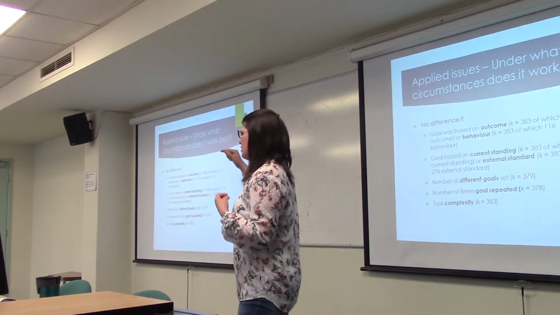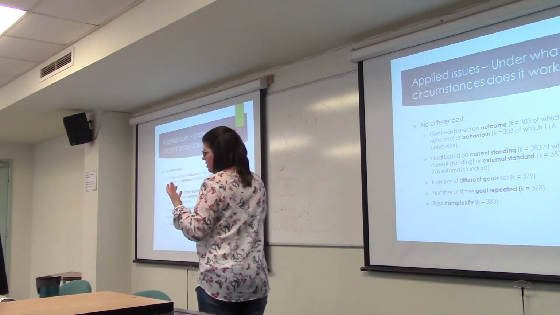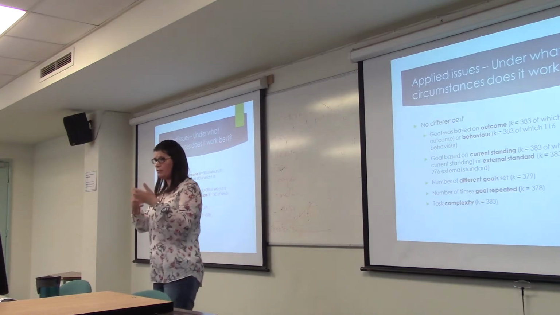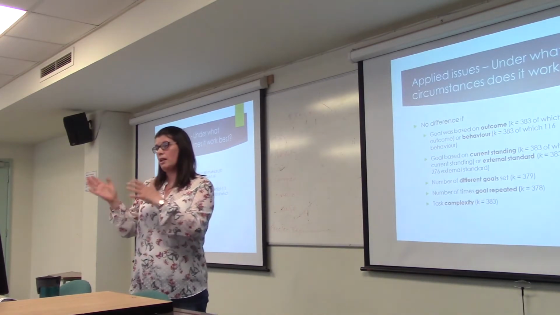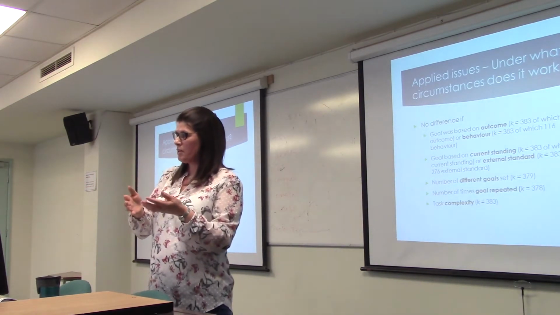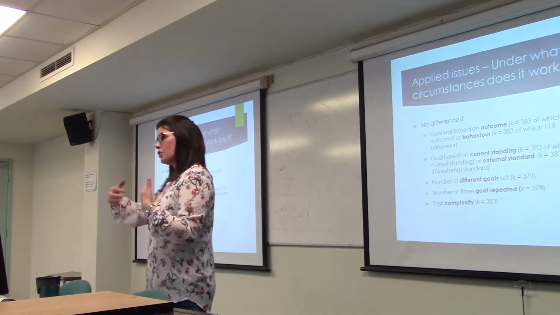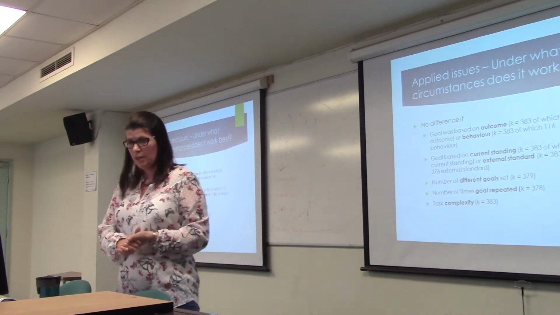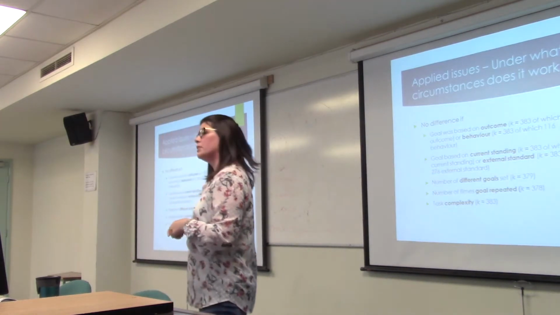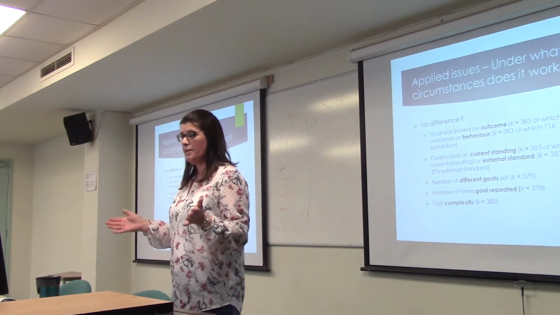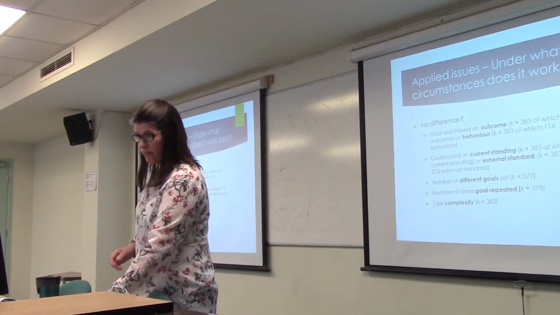A highly complex task would be anything to do with science, engineering, university work and study at that level. Something moderate might be, I don't know, some kind of production task. And so that made no difference at all. It didn't matter if the task was simple or complex. It made no difference to the effect size.